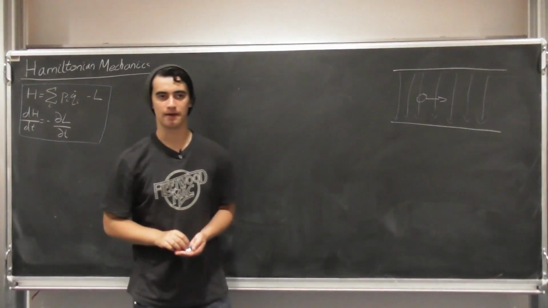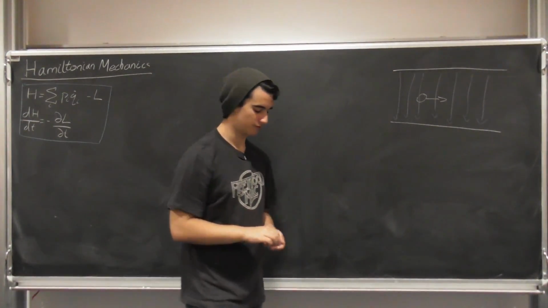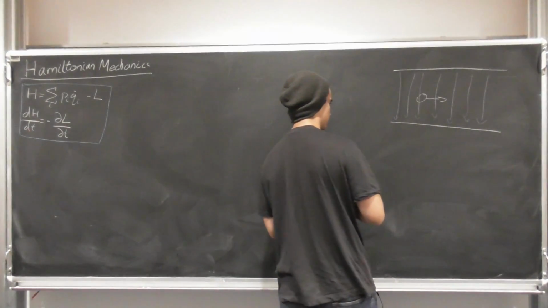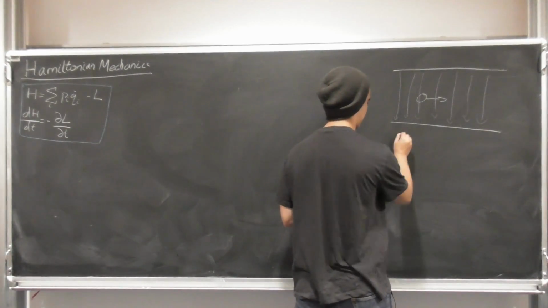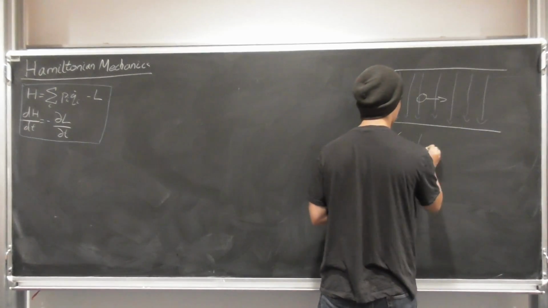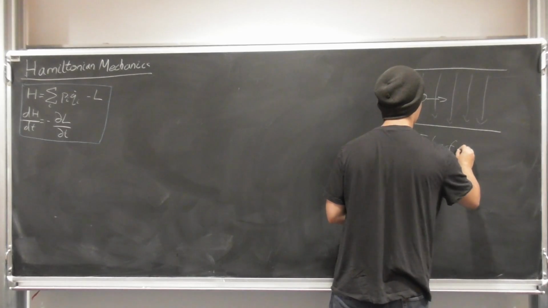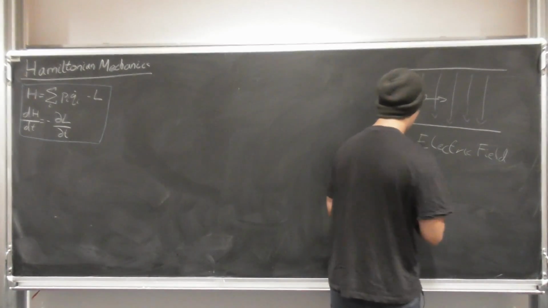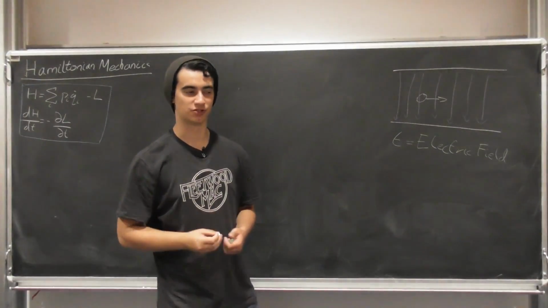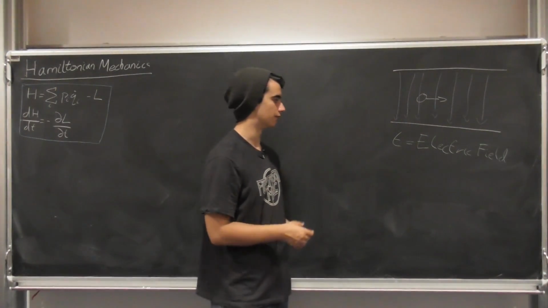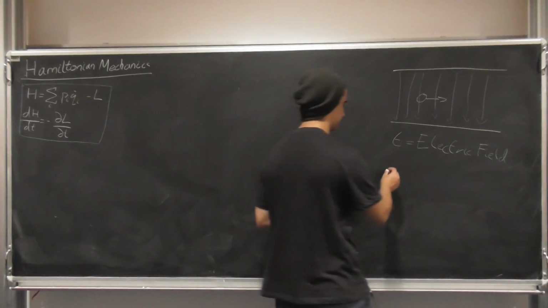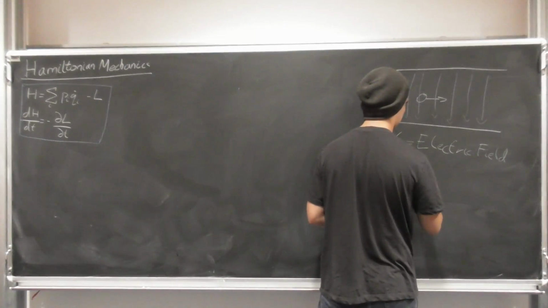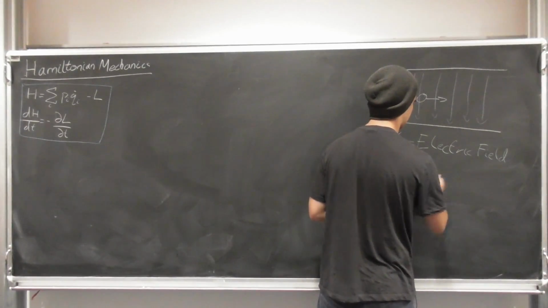So if we have some electric field epsilon, we know from electromagnetism, and don't worry if you haven't gone over this or haven't seen it before, that the potential energy of the particle in this will be equal to epsilon times x.